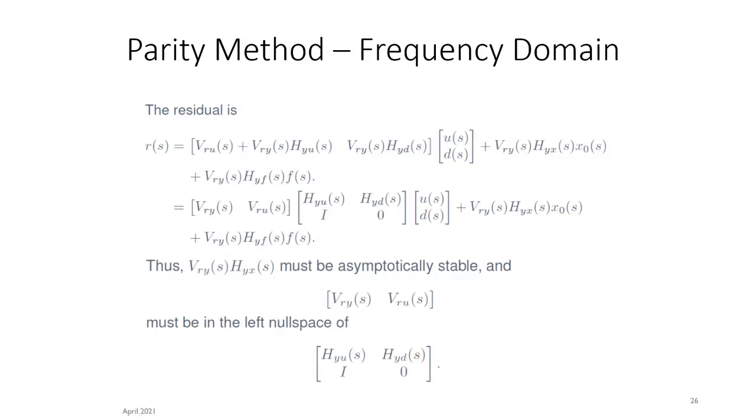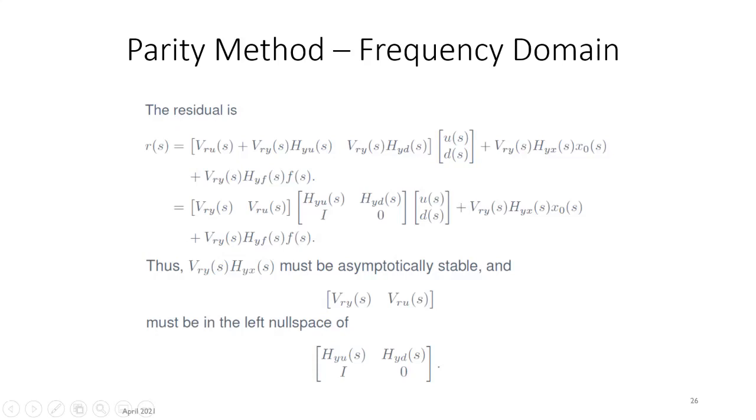So if you're planning long term to form the residuals for a long term, then as I mentioned, after the transient responses, this term will be eliminated. So what we are left with is only this matrix multiplied by this vector plus the fault.